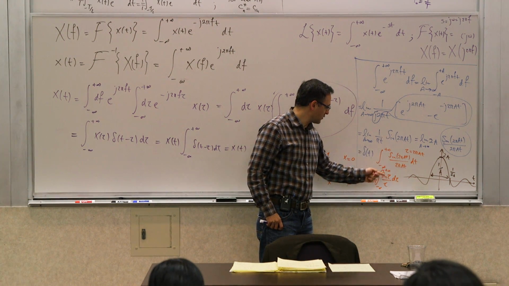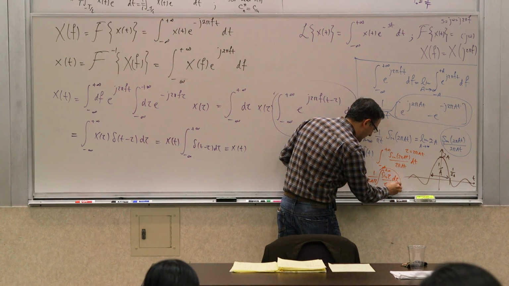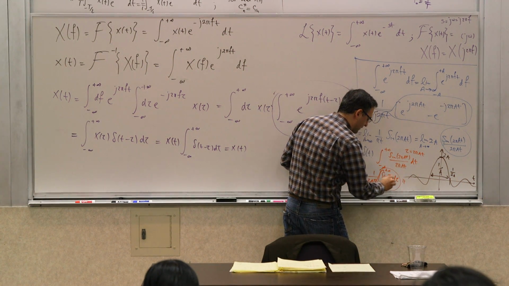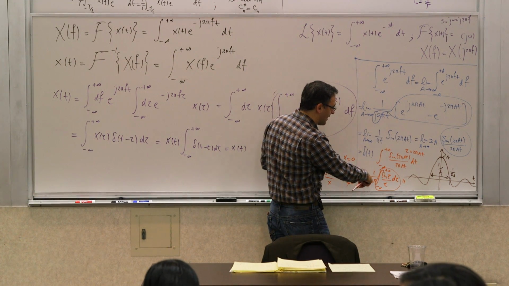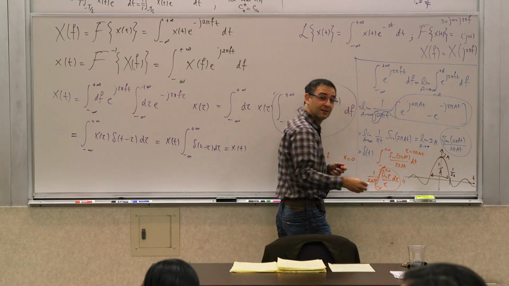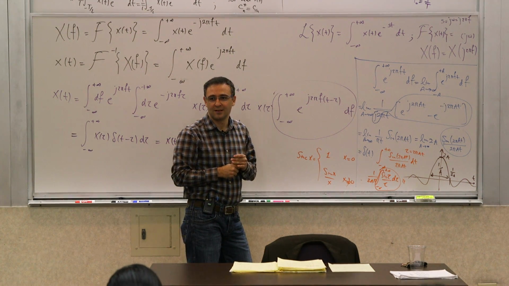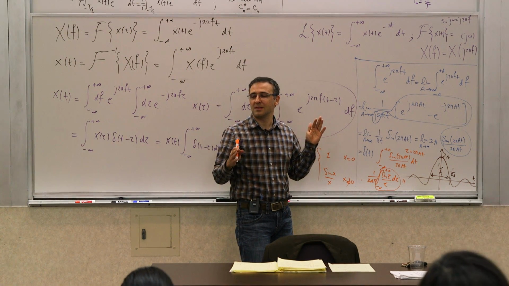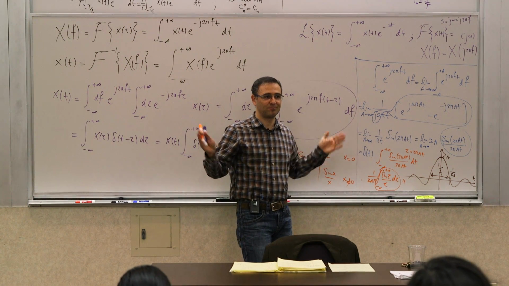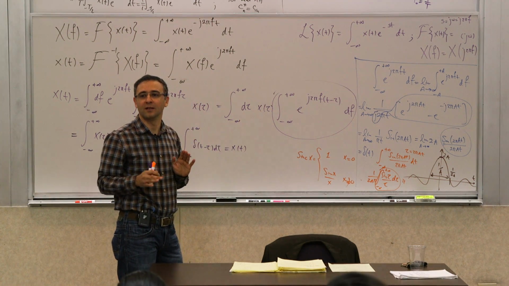It becomes 1 over 2a because this integral is pi. That pi cancels this pi, so you're left with 1 over 2a. That cancels this 2a. So the area of this thing is 1, even before you apply the limit. Even for a finite a, that area is 1.